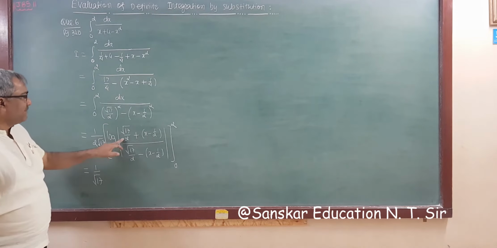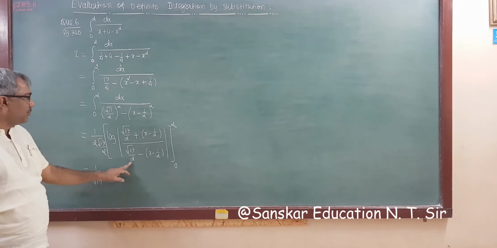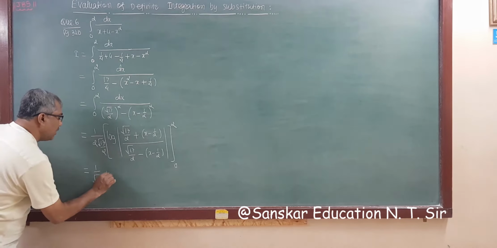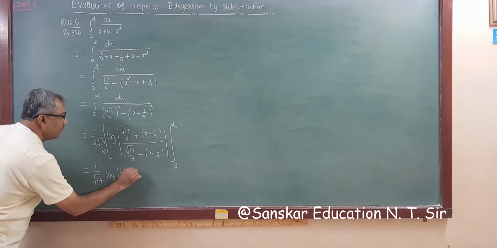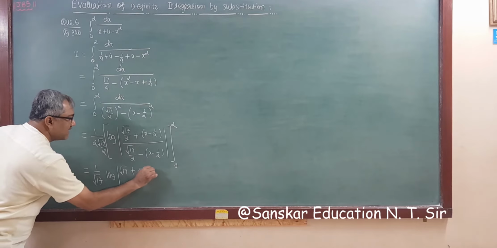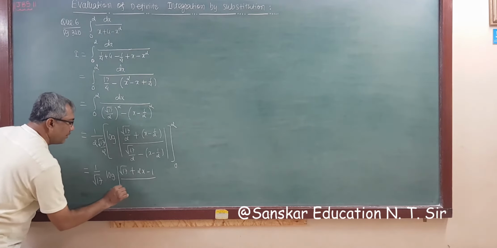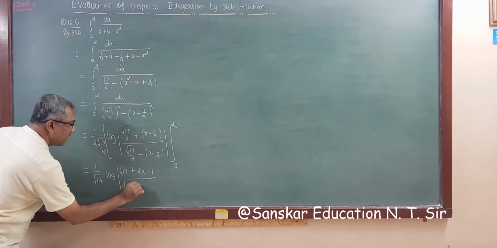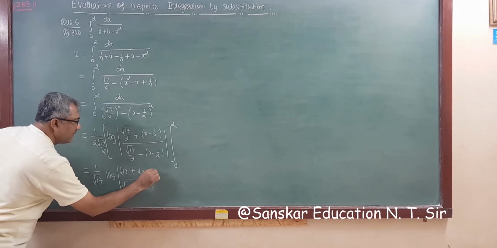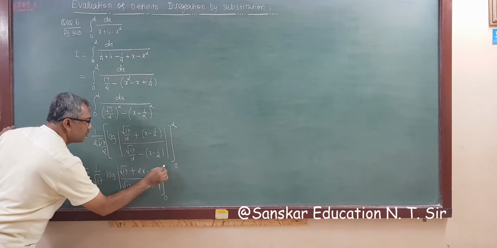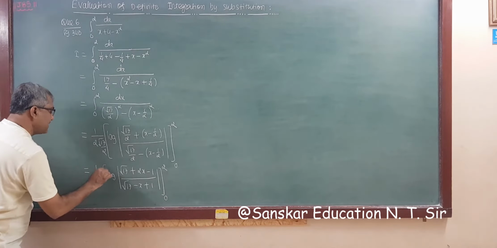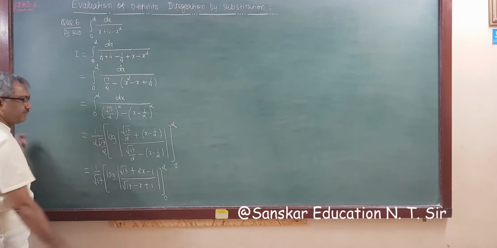If we take 2 LCM from numerator as well as denominator, we get log of mod root 17 plus twice x minus 1 whole upon root 17 minus twice x plus 1, and the limit is from 0 to 2.